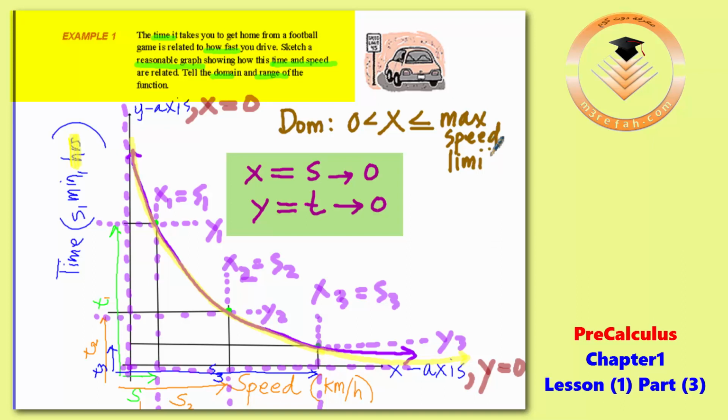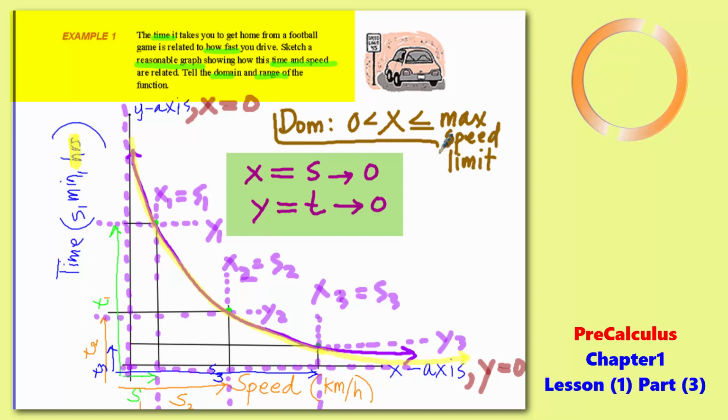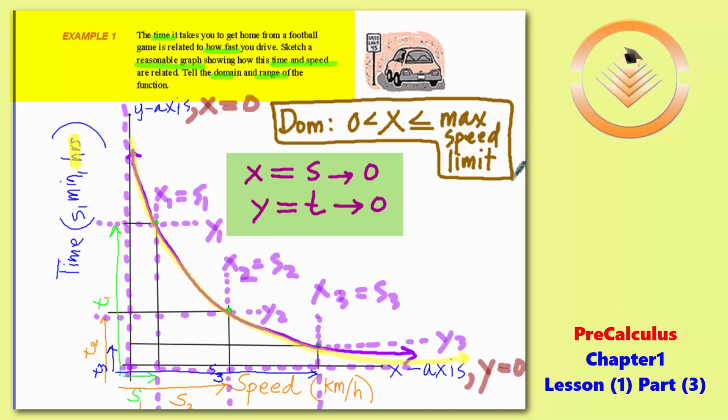It won't override your maximum speed limit, because if you override the maximum speed limit, then your car would be broken. Is it correct? You are going to destroy your engine and everything.